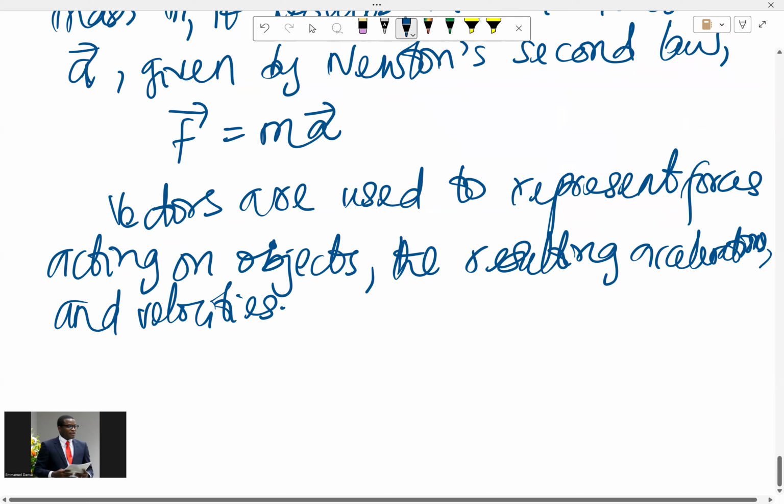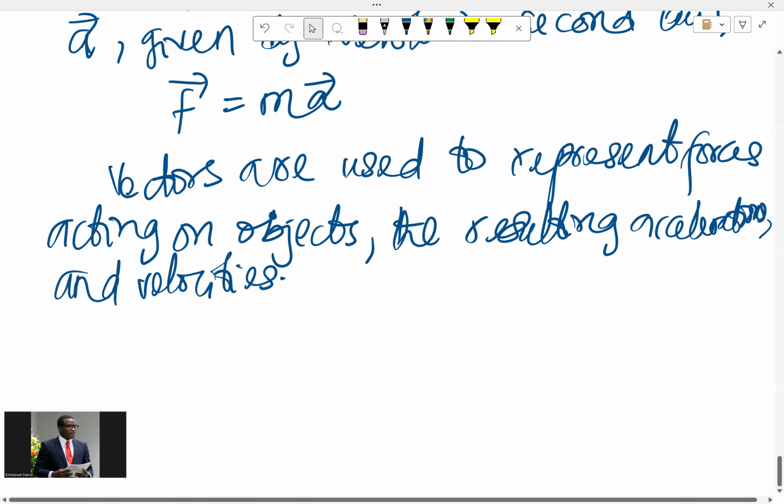So you can use vectors to represent force, acceleration, and velocities.